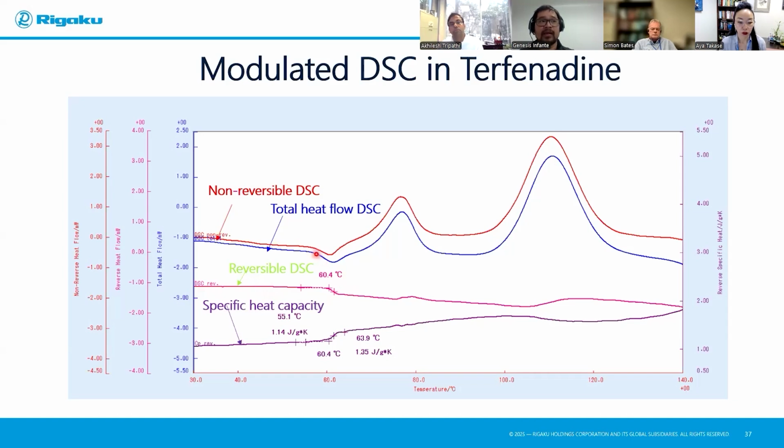And you can see that you can't really tell from the original data that there is a glass transition at about 60 degrees C, right? Having that capability, you can get this insight from it. And on top of that, you can actually get the specific heat capacity on top of all this DSC signal. So the value of modulated DSC is that you can do all this in one test with all this data associated with it.